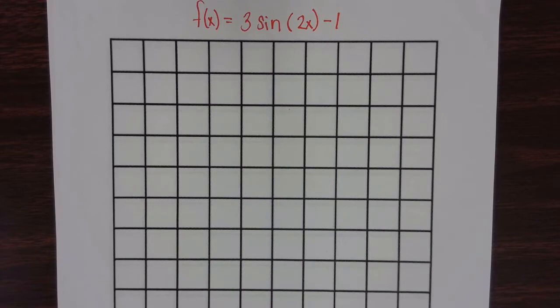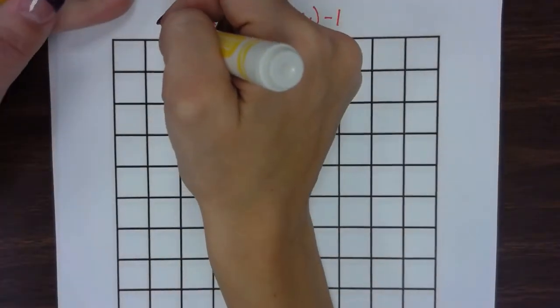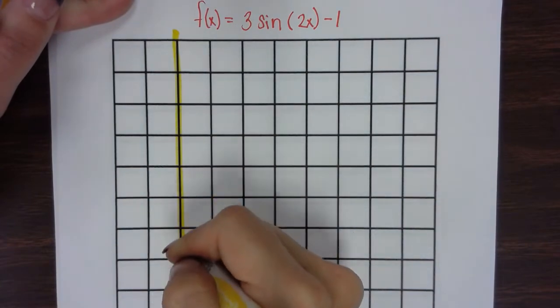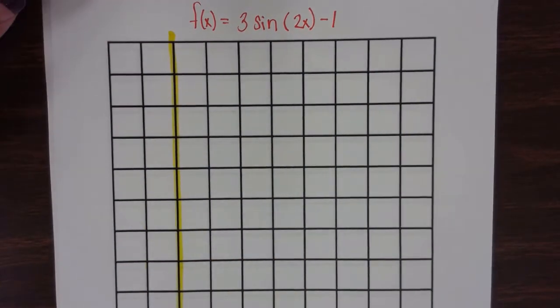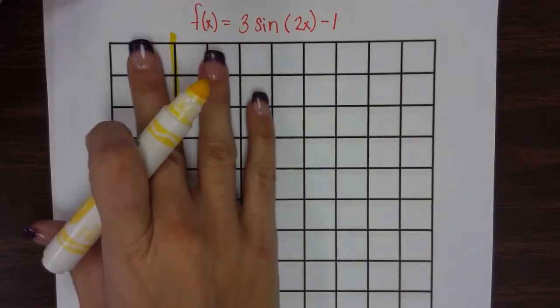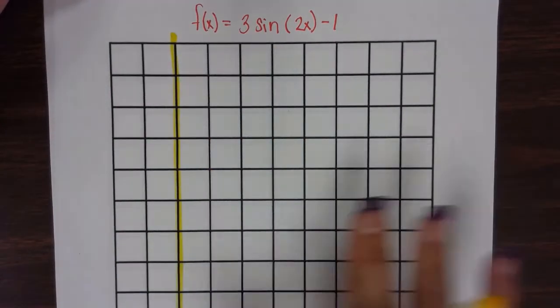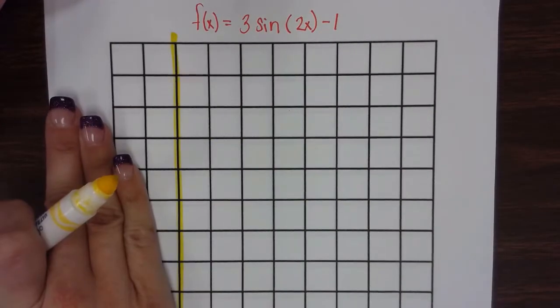Okay. So the first thing I'm going to do is write down my X and Y axis. That's where to start the graph. Now, some of you question, how do you know where to put it? Well, I want my graph around here, so I'm putting this over on the edge.